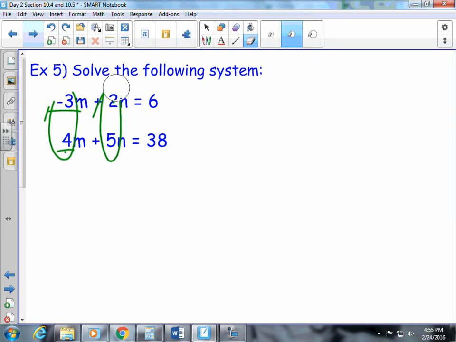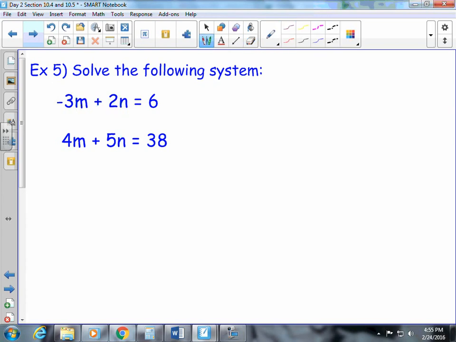In this example, when that happens, you are going to multiply both equations, and you just have to decide which variable you have to eliminate. What I notice is that this is positive and that is negative, which is what I need. I need opposite values, but I also need them to be equal.